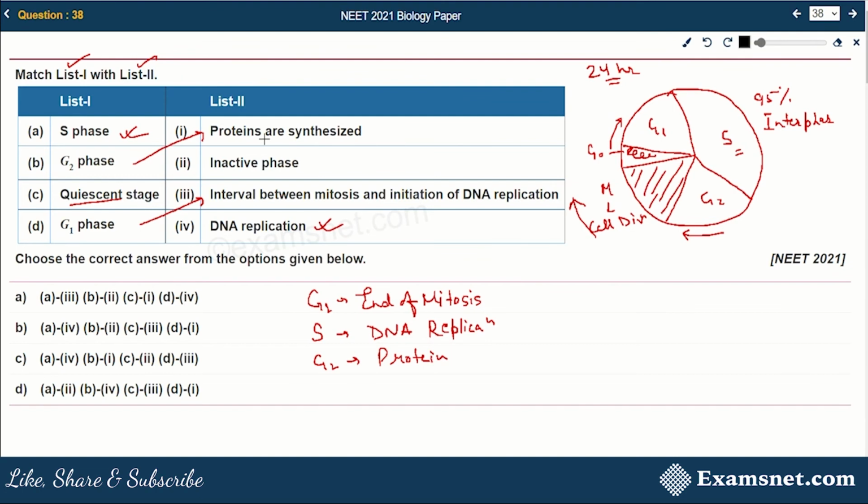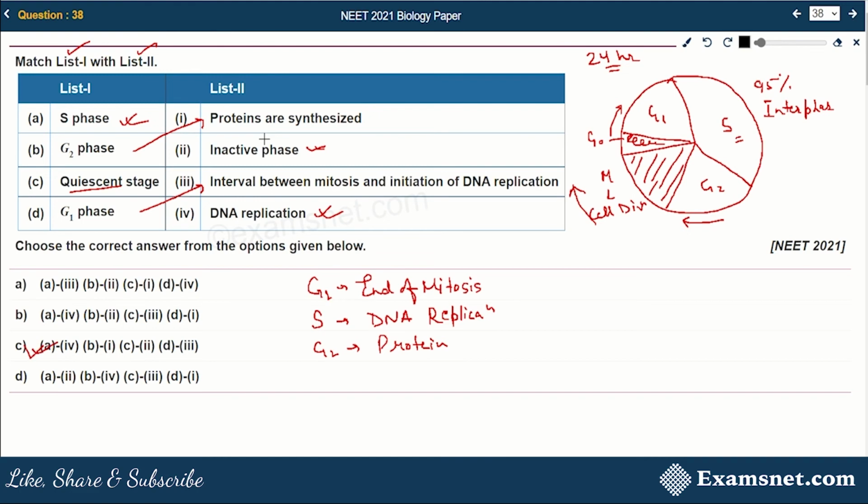During this phase, they remain metabolically active so that they can start dividing again as soon as the situation demands, but they do not divide further, unless and until the situation demands. So the correct match for option C will be inactive phase. So the correct option out of A, B, C, D will be option C. I hope you understood this.